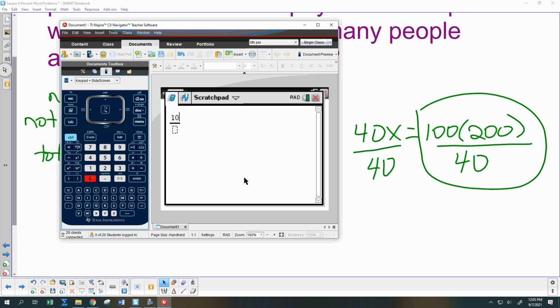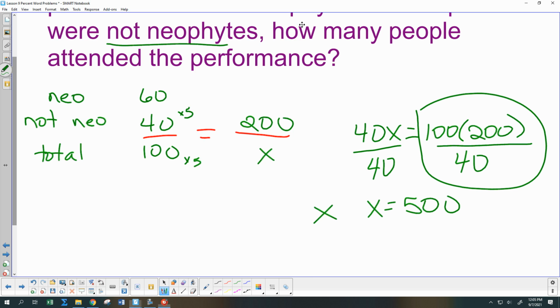Numerator, 100 times 200. Go to the denominator, 40, and enter, and we get the 500 that we knew from mental math when we had done it the other way. But I also wanted to model that box over box with control divided by.